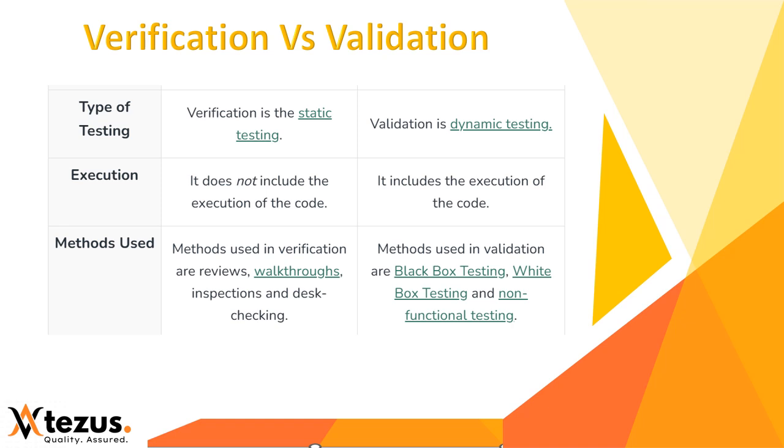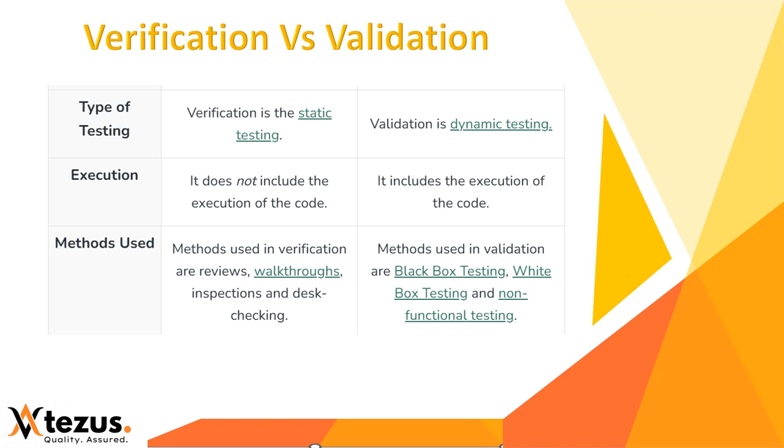Verification is more of a static testing, meaning reviews and walkthroughs. When it comes to dynamic testing, system testing, integration testing, and unit testing come into the picture in validation. Validation is nothing but you're validating whether it is working properly or not.